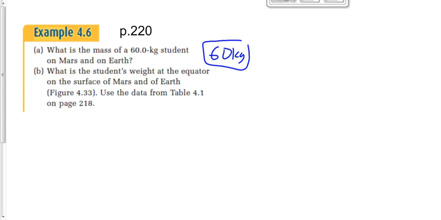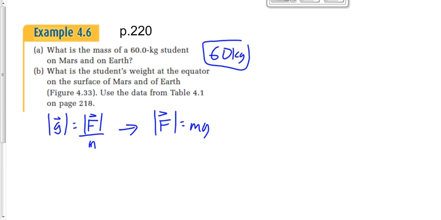Weight is force of gravity. And we'd probably use the experiencer equation to find the force of gravity, just like we did in the last question. So we'd say 60 kilograms, that's the experiencer's mass, times, we don't know what g is though. We certainly can't assume that it's 9.81 meters per second squared.